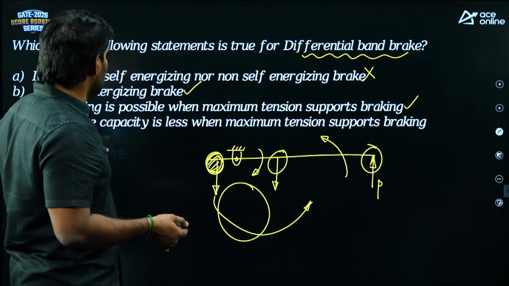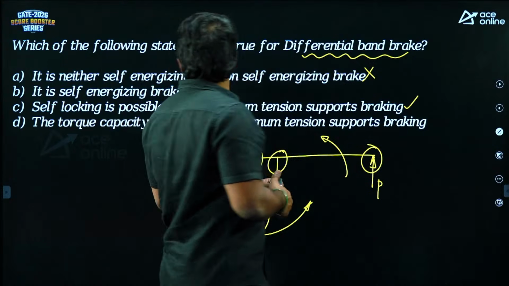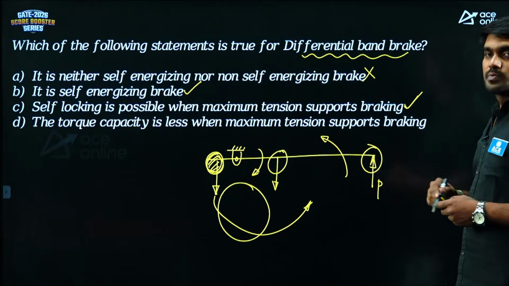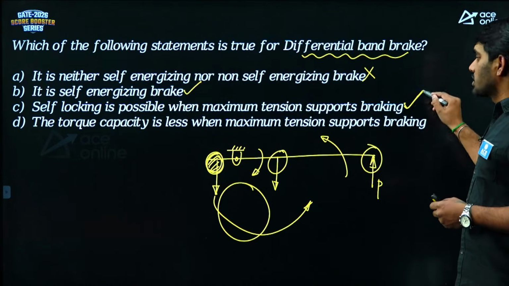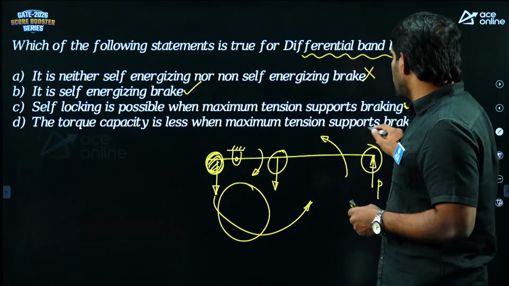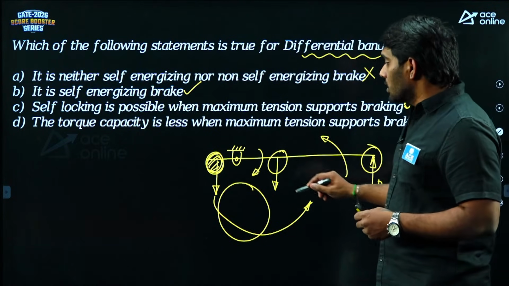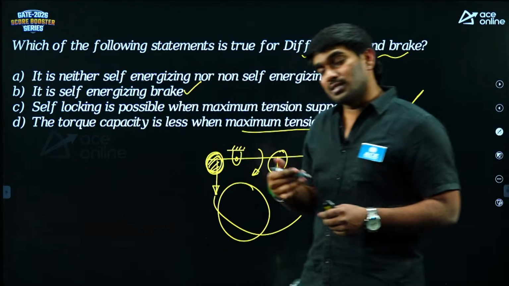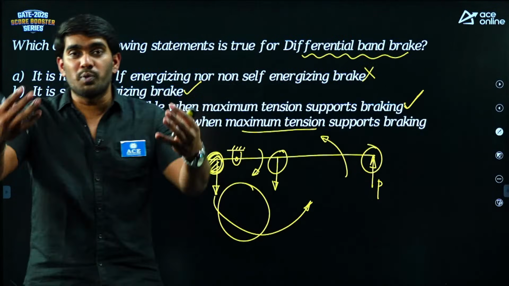Now what is said here: self-locking is possible when maximum tension supports braking. Yes, this is absolutely true. And here the torque capacity is less when maximum tension supports braking. Remember that when maximum tension is supporting braking, there is more support for braking, right?